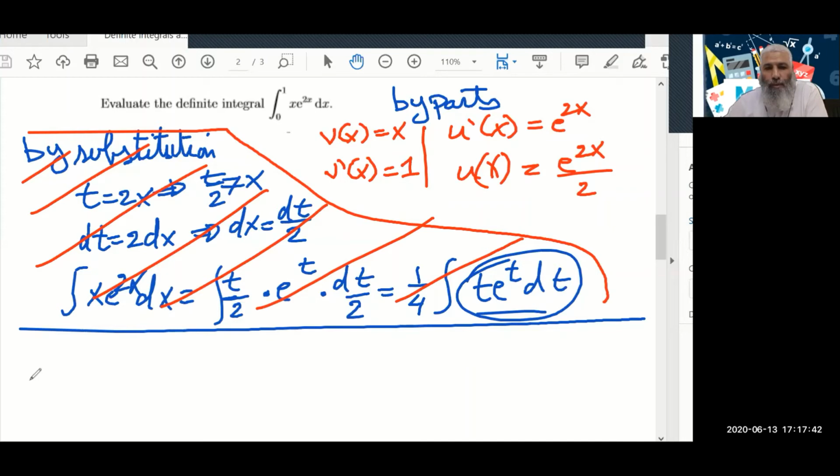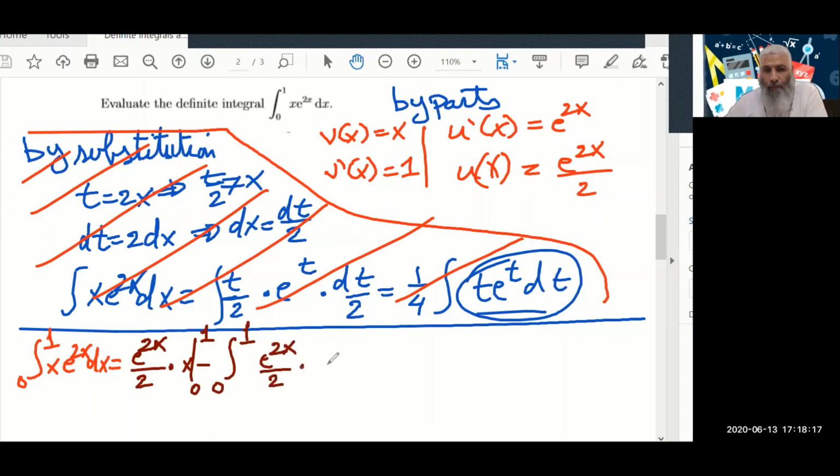So the integration from 0 to 1 of x e power 2x dx is u of x, which is e power 2x divided by 2 multiply v of x, which is x, minus integration e power 2x divided by 2 multiply 1.